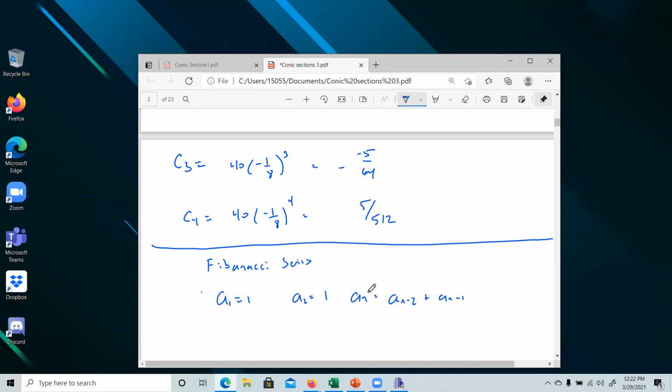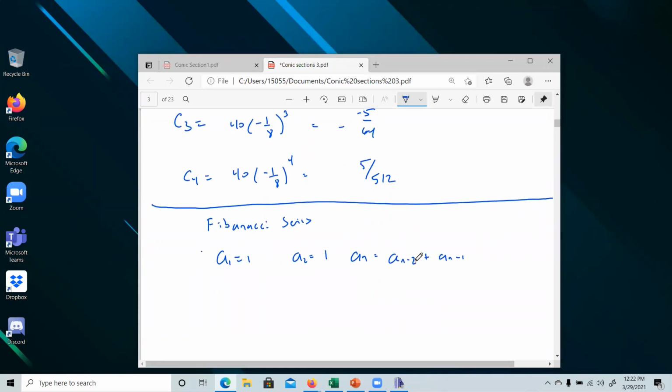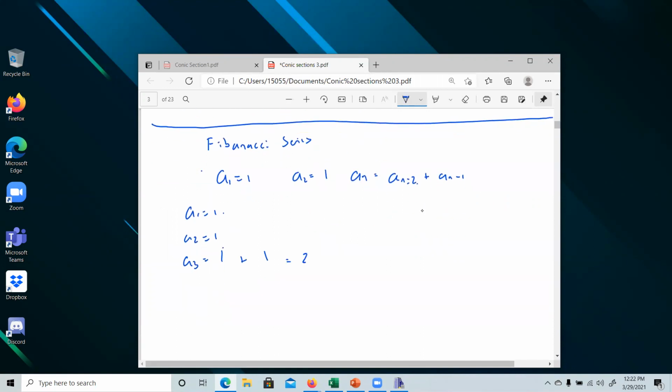So what this means is, a1 is 1, a2 is 1, and then a3 would be the first one: 3 minus 1, or rather 3 minus 2, is 1, plus the one previous to that. So it's the two previous entries.